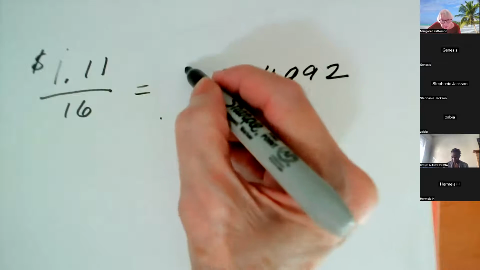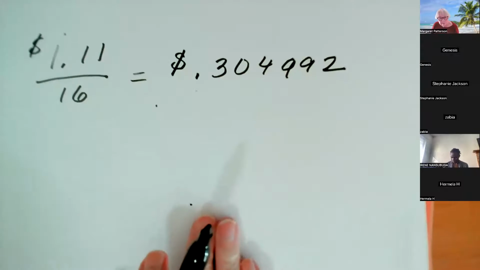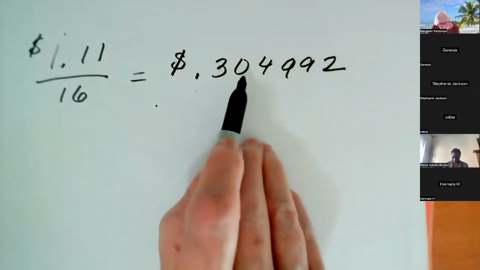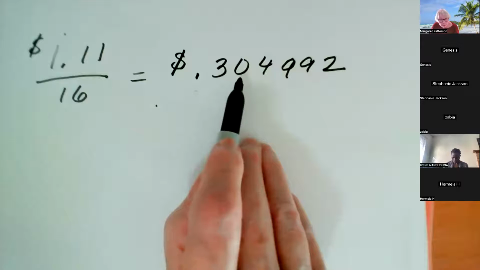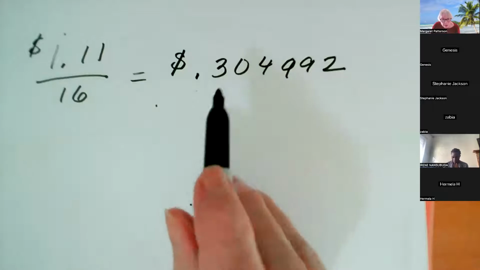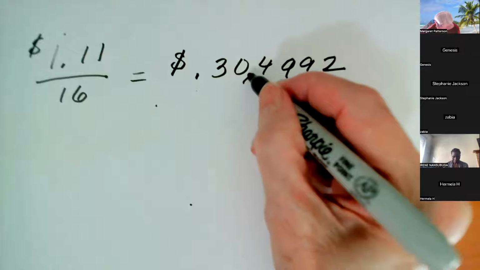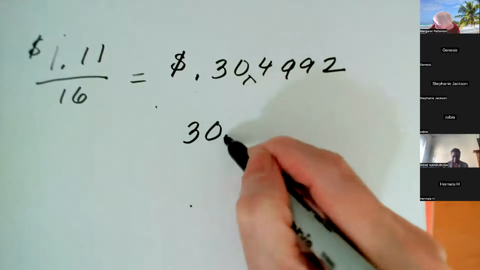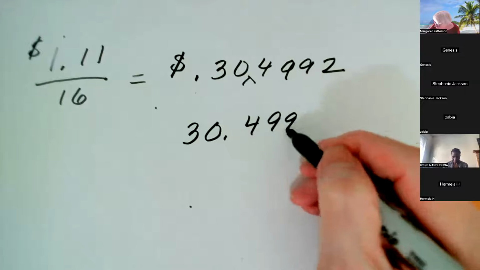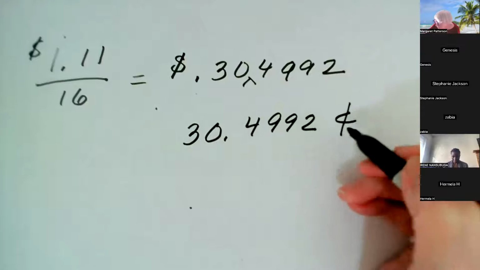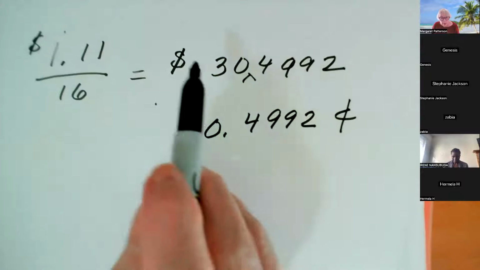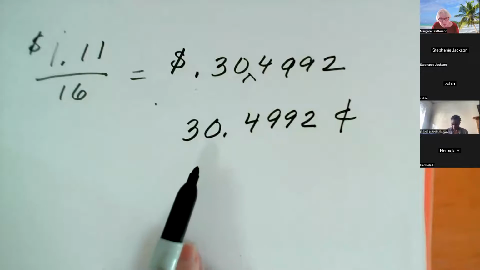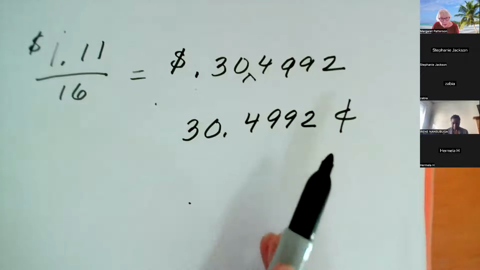Now, this is still in dollars. So this is like, roughly speaking, 30 cents. And so to get it into cents, you've got to move the decimal, shift it over 2 places. So this is 30.4992 cents. So this was in dollars, 0.30. This was in cents, 30.